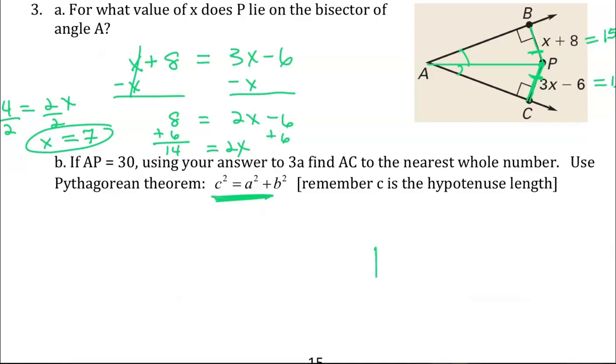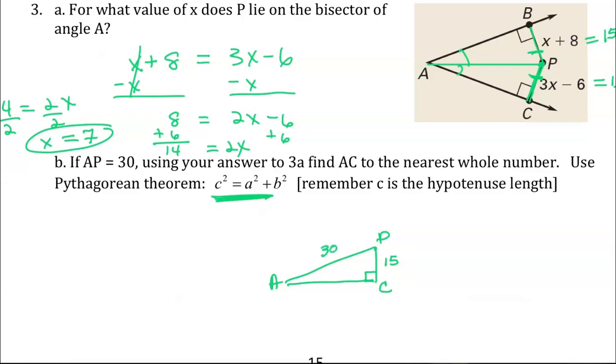I'm going to draw PCA. So this is A, P, and C. And this is where the right triangle is. If I know that PC is 15, what else do I know? And they told me that AP is 30.